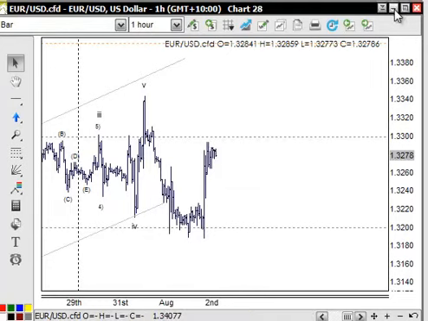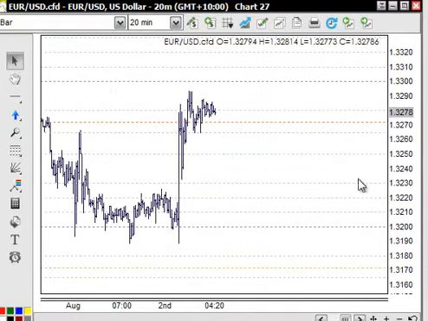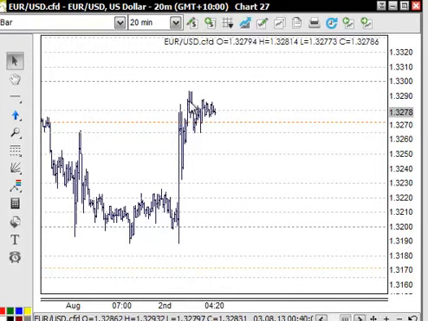I've got this on a slightly better picture here. But the main point is that if this is a wave 2, an A and a B and a C back up here, then this number here is really important, the 1.3272 here, the 272 number. We need that to be at resistance there.